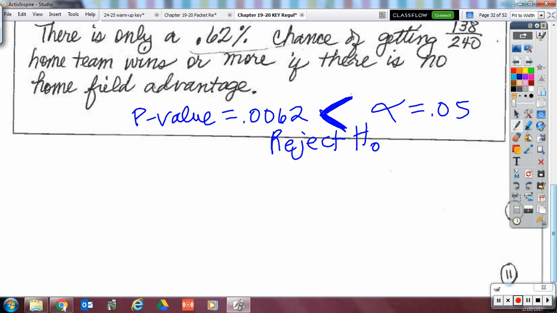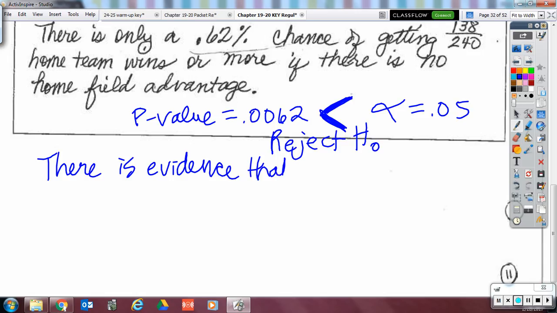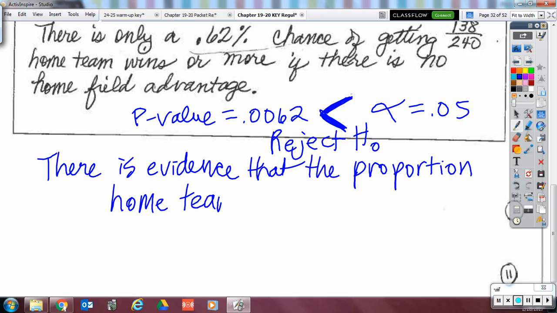So there is evidence that the proportion of home team wins is greater than 50%.